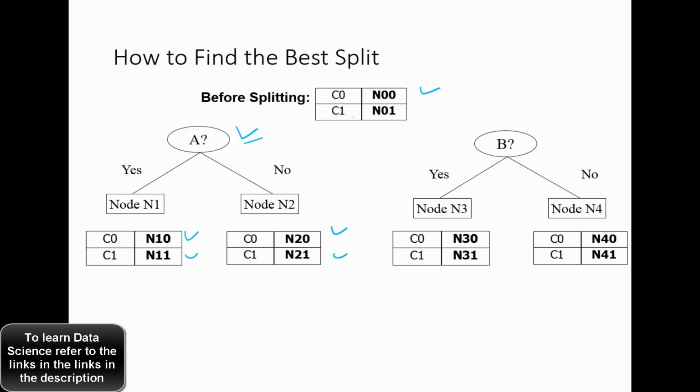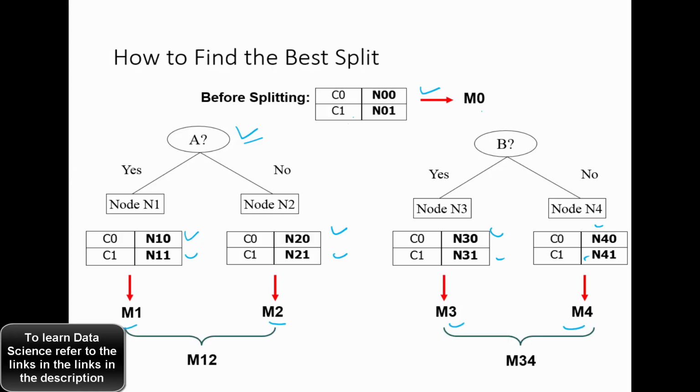We call those M0, M1, M2, M3 and M4, and we combine them to find M12 and M34. The gain you get is the difference between M0 minus M12 and M0 minus M34.